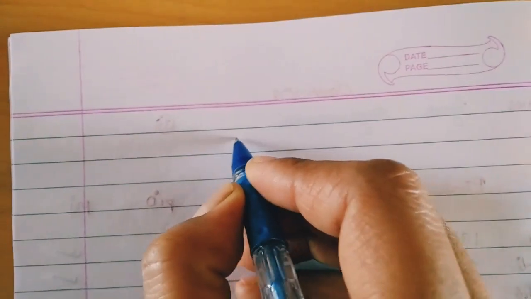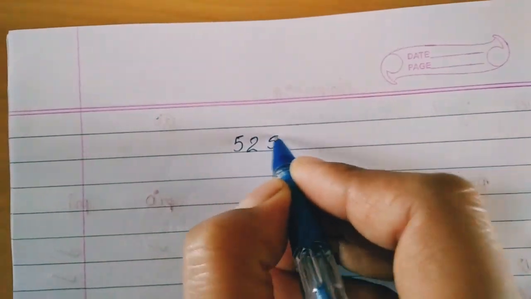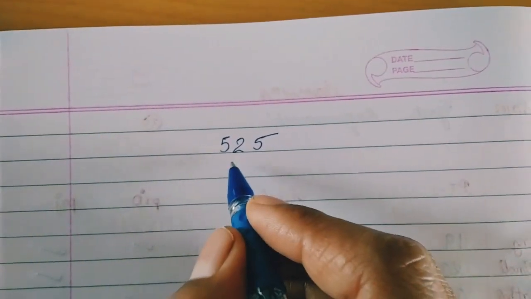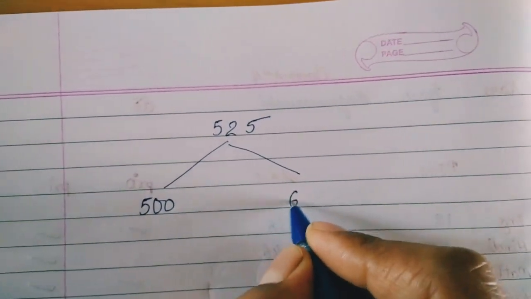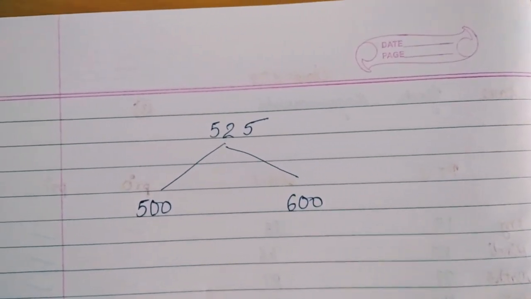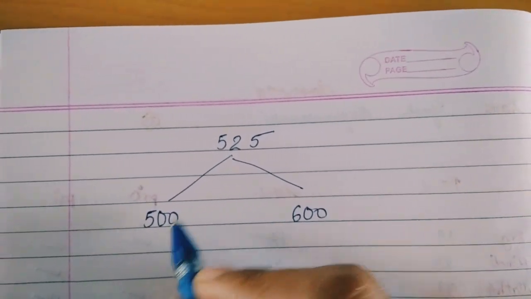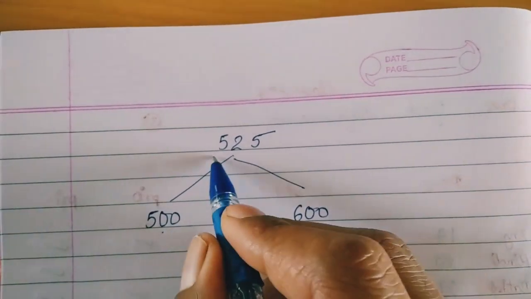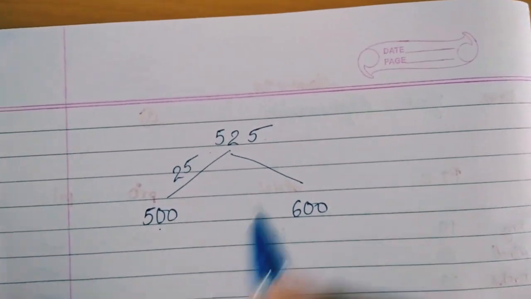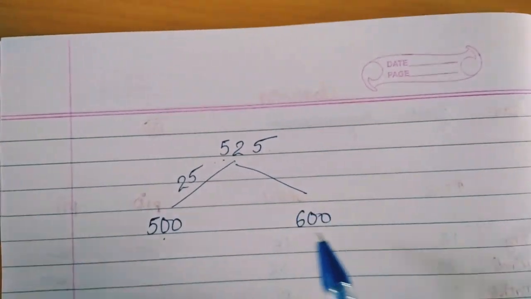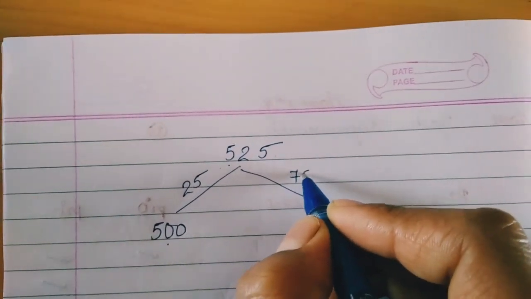If we have 525, so 525 is coming in between 500 and 600. You can simply see the gap between 500 and 525 is 25, and the gap between 525 and 600 is 75.